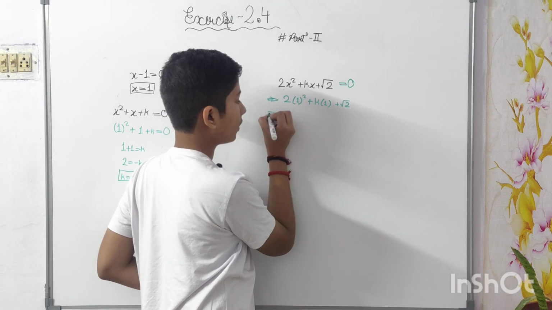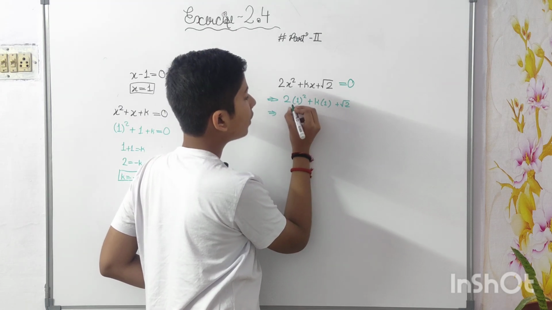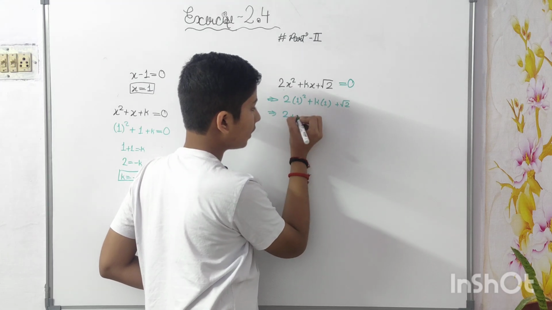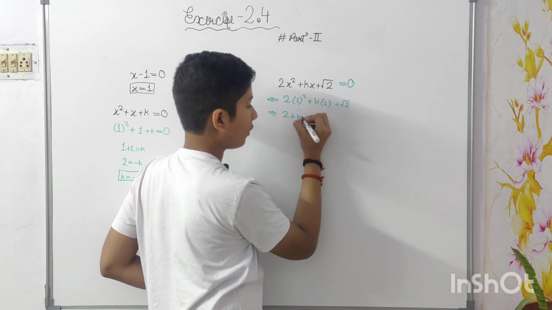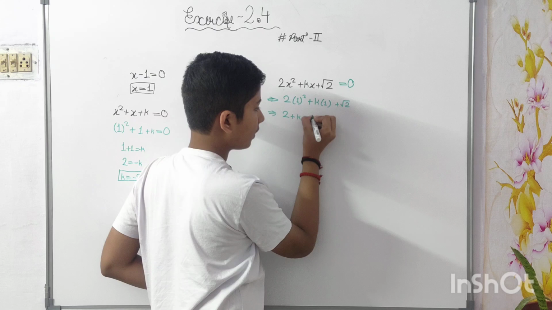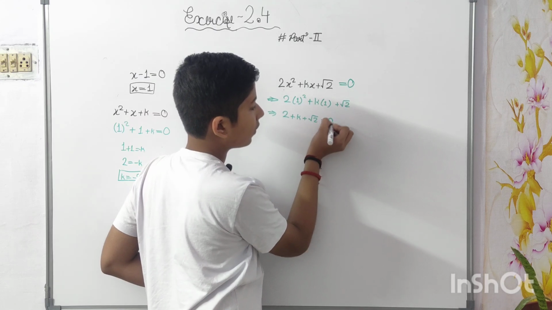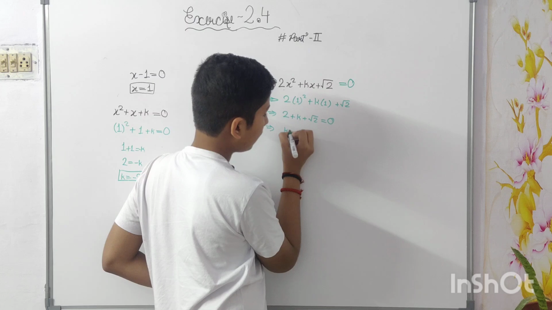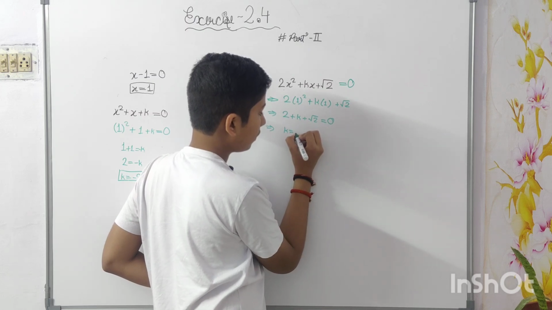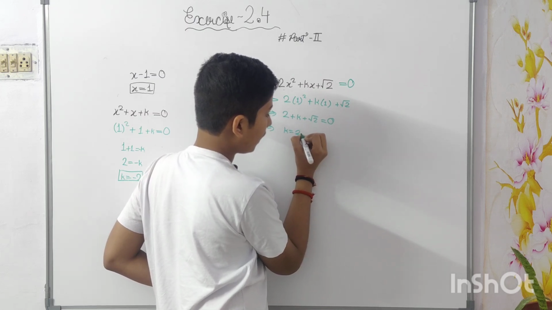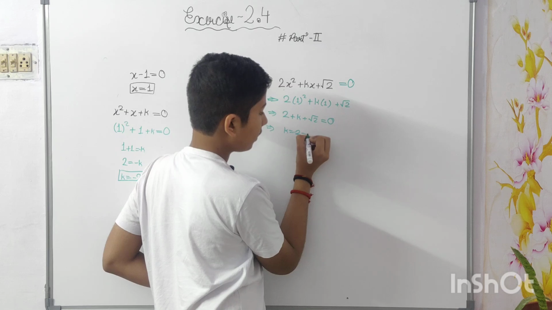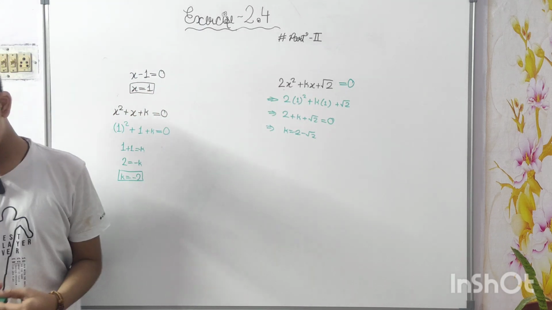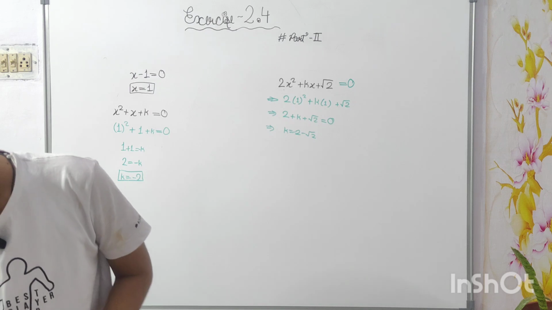Okay. Now 2 ones are 2, k ones are k, and root 2 will remain as it is, equal to 0. k equal to minus 2 minus root 2. Okay. So this will be our final answer.